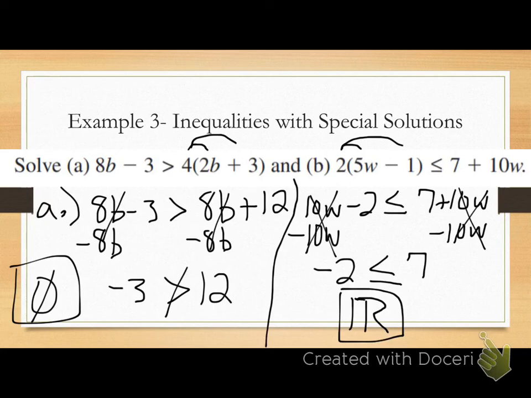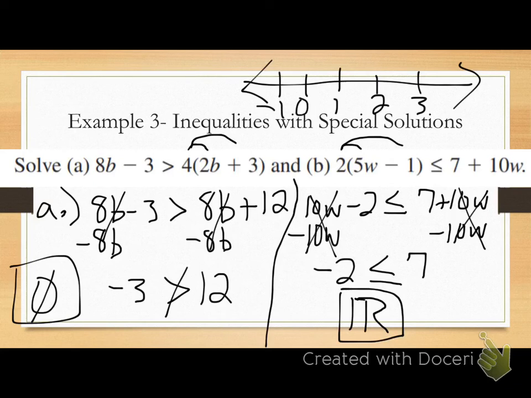Do you think we're able to graph letter A, no solution? No. We wouldn't do anything on our graph, we just leave it blank. If we wanted to graph all real numbers though, if it told you to graph this, create a number line, put any numbers you want on it, and then you're shading the whole graph.